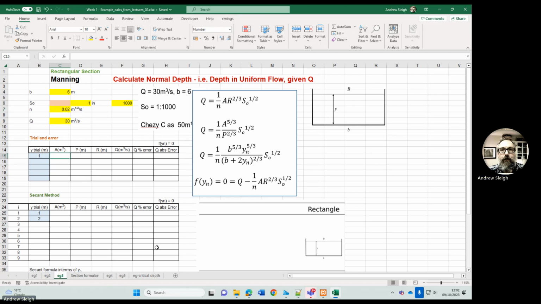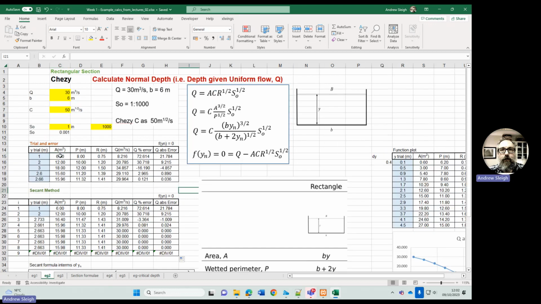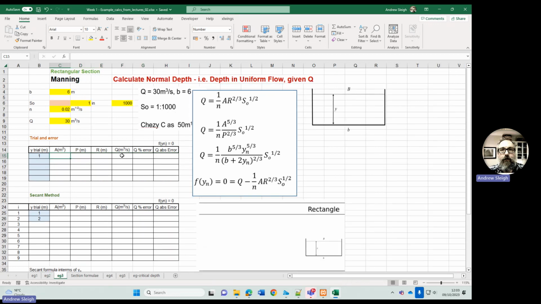So we can sneakily just copy the formula from the row before. In fact, that would be a mistake, because remember that the Q is going to be calculated now with the Manning's n. So I'm going to type them all in again so we get that right.